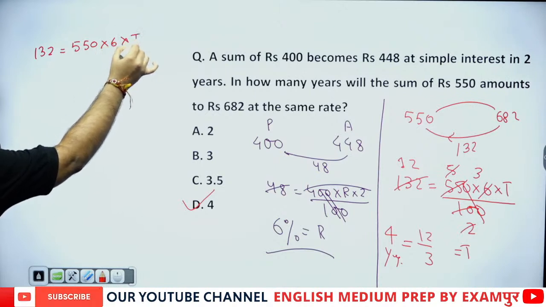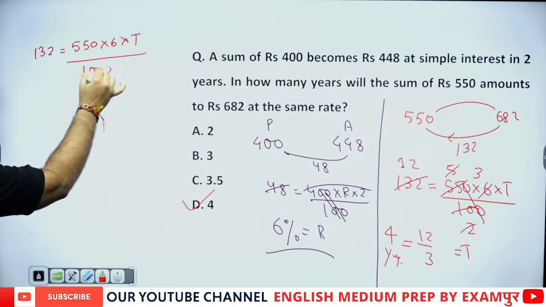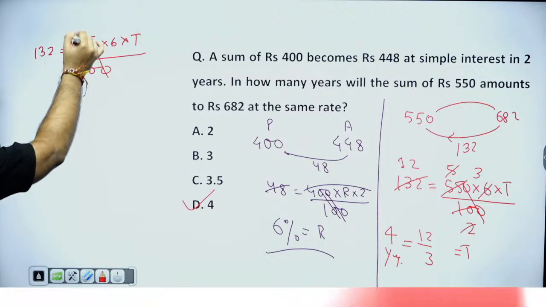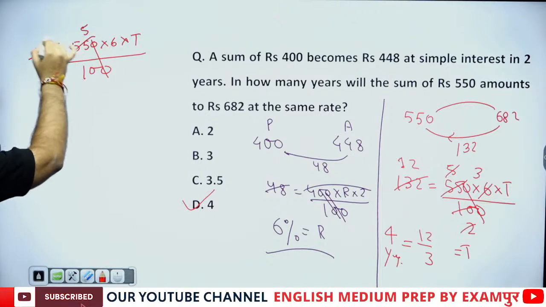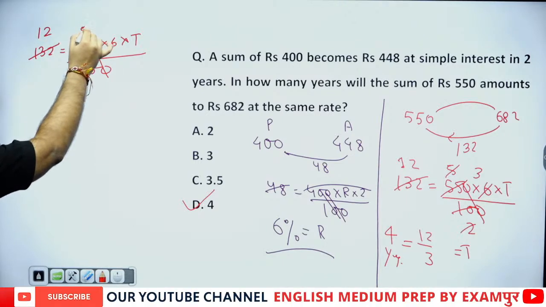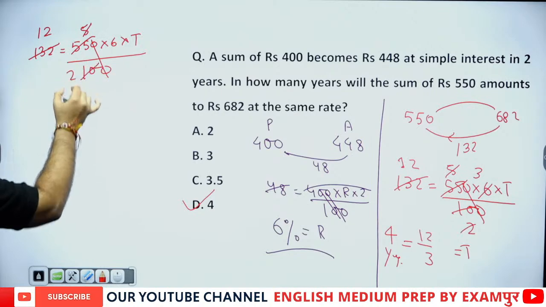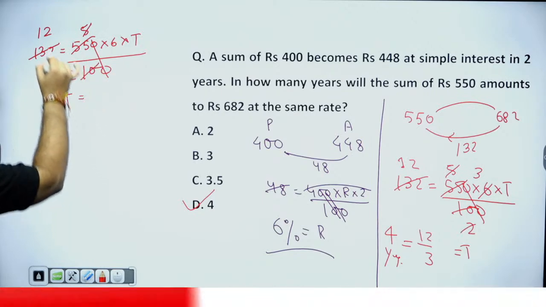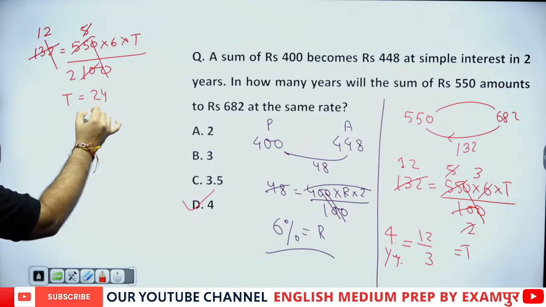How much time will it take? 11 5s are 55, 11 1s are 11, 11 2s are 22, 5 2s are 10. So T comes out to be 24 by 6, 4 years.